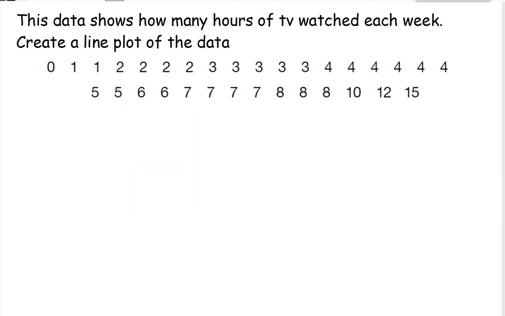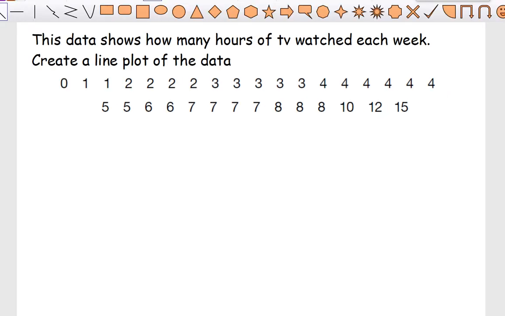Okay. When we're dealing with quantitative data, it often helps to show the numbers in that line plot we saw earlier. So this data shows how many hours of TV were watched each week. To create a line plot, the first thing I do is make my straight line.